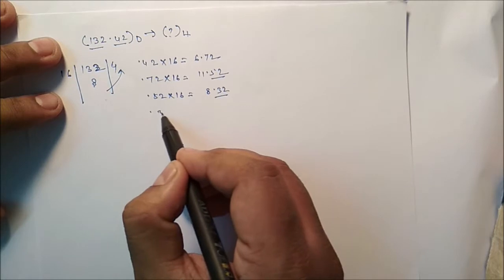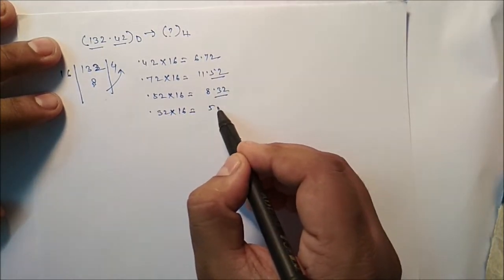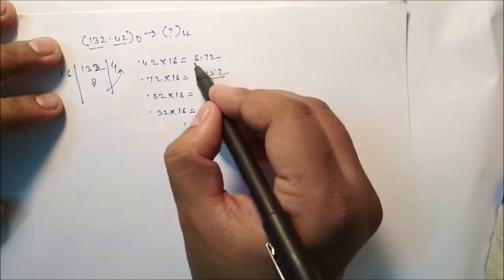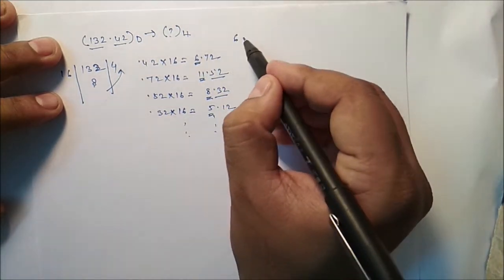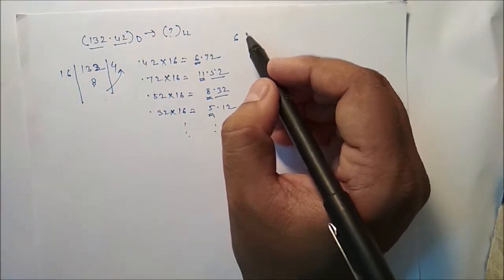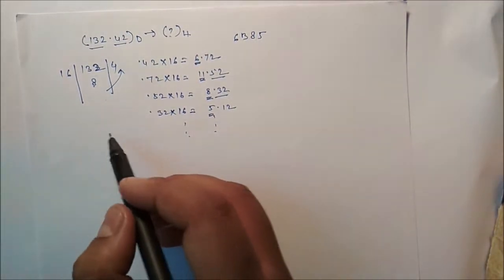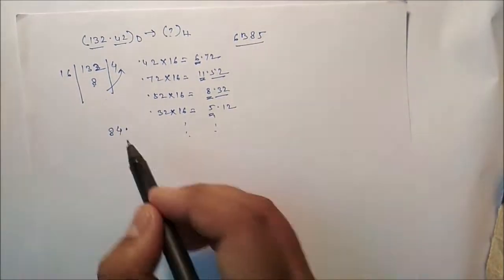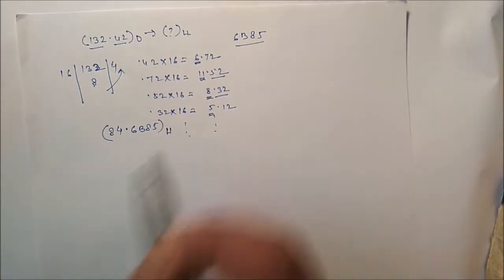Take this 0.32 into 16, that is 5.12, and so on. And we have to take this number only. So that is 6. What is 11? 11 is nothing but B, 8 and 5. So the final answer is 84 concatenated with 6B85. That is in hexadecimal.